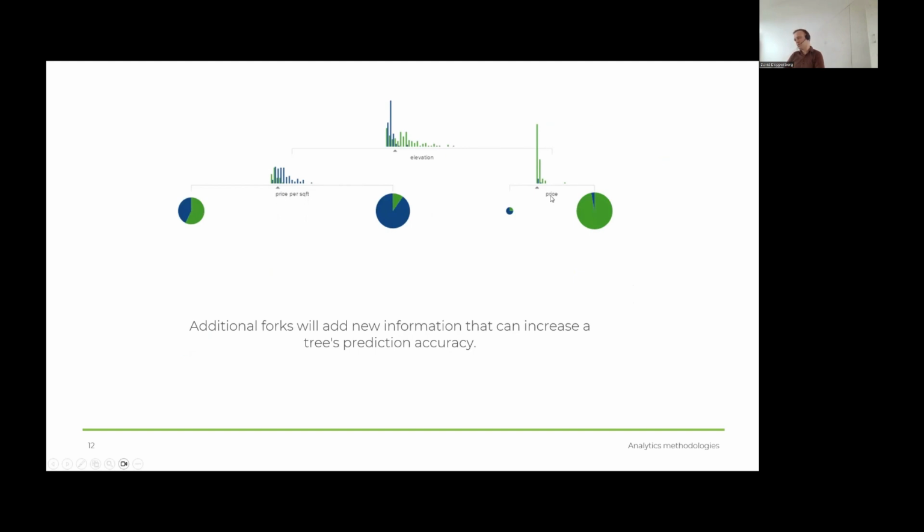On the right branch, we're going to do a split on price. And basically, they call it a fork, and with this, you're actually going to increase the prediction accuracy of your tree, because you're going to refine your split, and again, making these leaf nodes purer, basically.